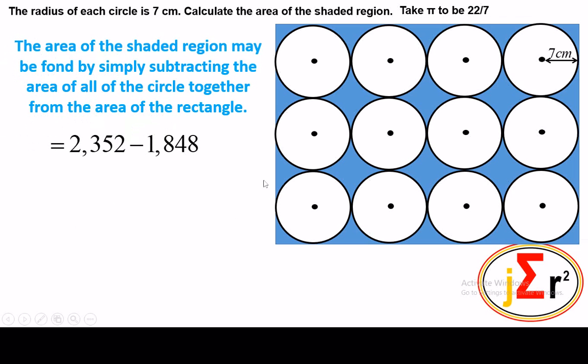So the area which remains, which is the shaded region, will be the area of the rectangle that we calculated a long time ago. Subtract the area of all of these circles together, and this is our final result. 504 square centimeters.